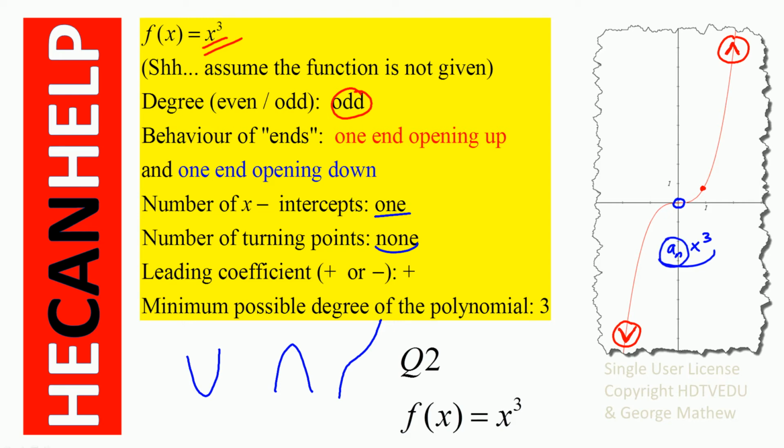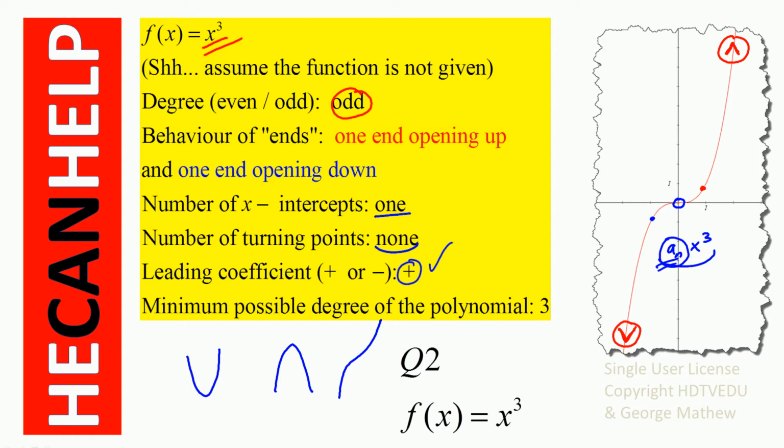On the left side, if you have x negative, what is the cube of a negative number? It will be negative. And that times another number is negative. That means this number has to be positive. So our leading coefficient, a_n, is positive.